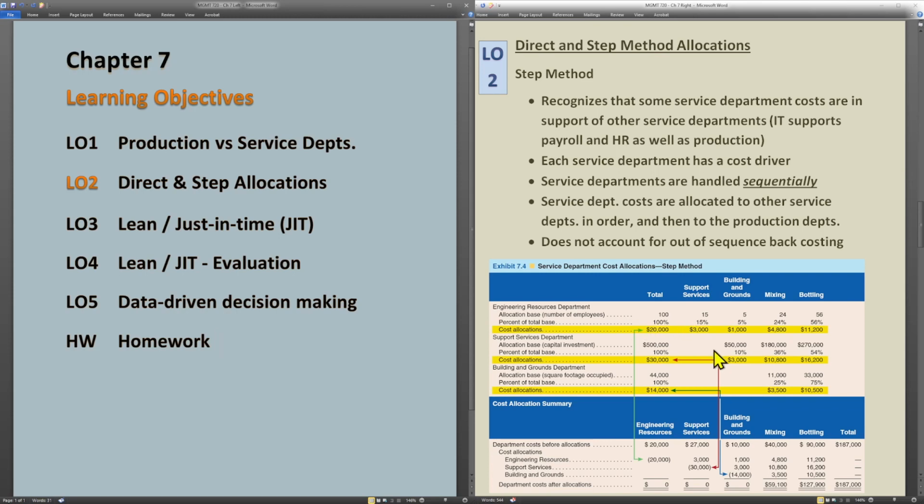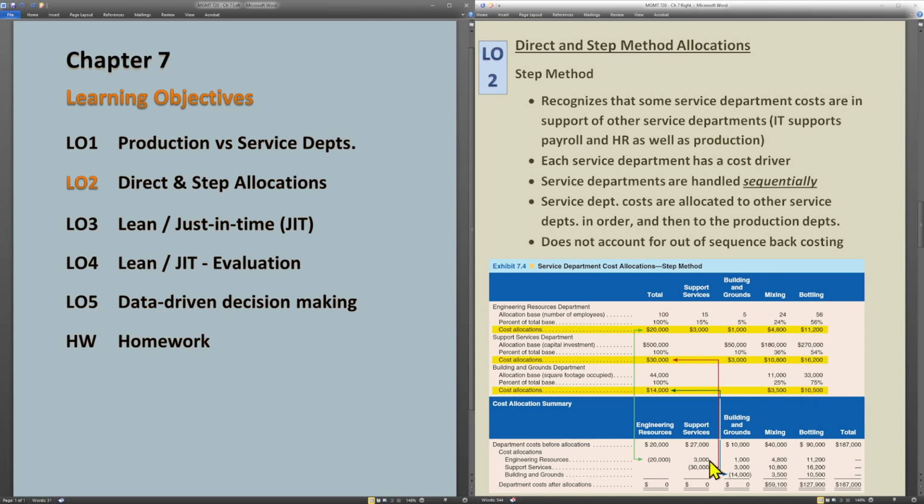It just takes the departments that it's servicing. So it only takes the support services, the building and grounds, and the 2 production. It takes those 4 employee counts as a way to figure out the amount. So those 4 must add up to, let's see, 20, 44, adds up to 100. So these are actually 15 out of 100 employees: 15%, 5%, 24%, 56%. And that's what we see here.